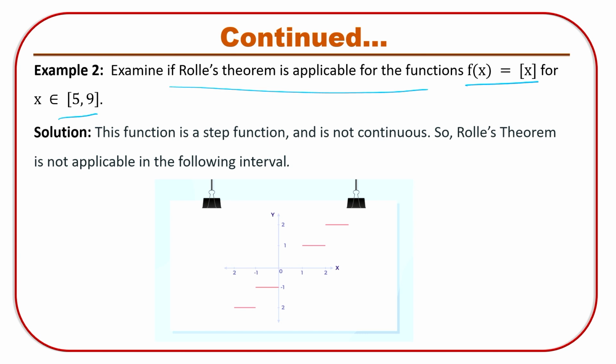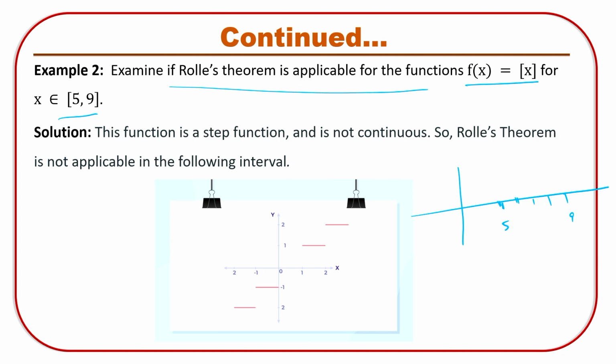So here, from 5 to 9, we can do this: 6, 7, 8, right? And I believe that you must remember the greatest integer of x.